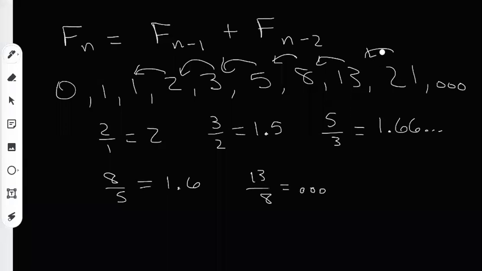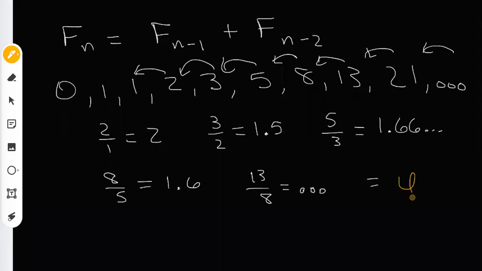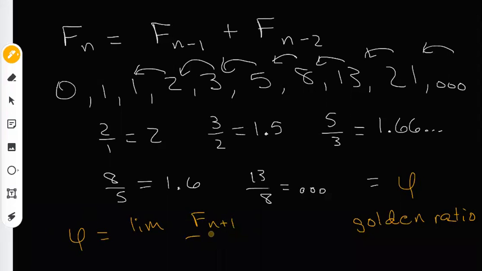Well, it turns out the higher the numbers that they get, if I keep on dividing them, I'm going to reach this number called the golden ratio. The golden ratio. And the way that it's often put is the golden ratio, which is this weird Greek letter, it's actually equal to the limit of one term divided by its previous term as n approaches infinity.